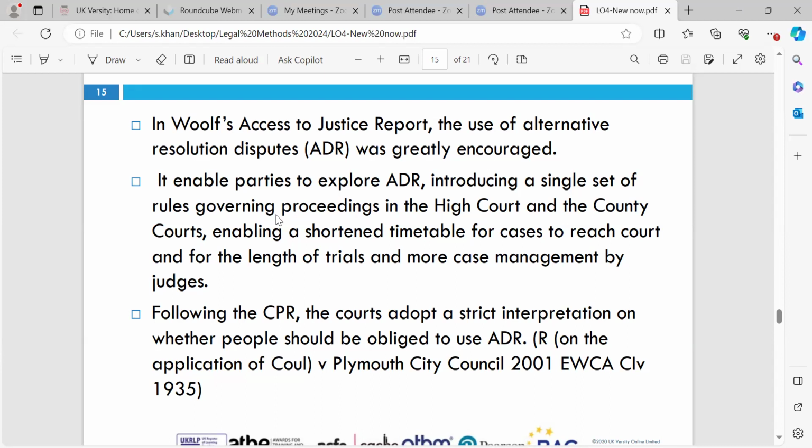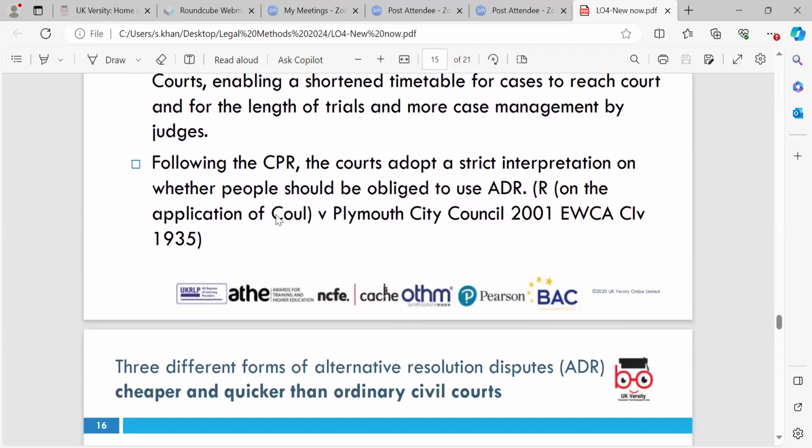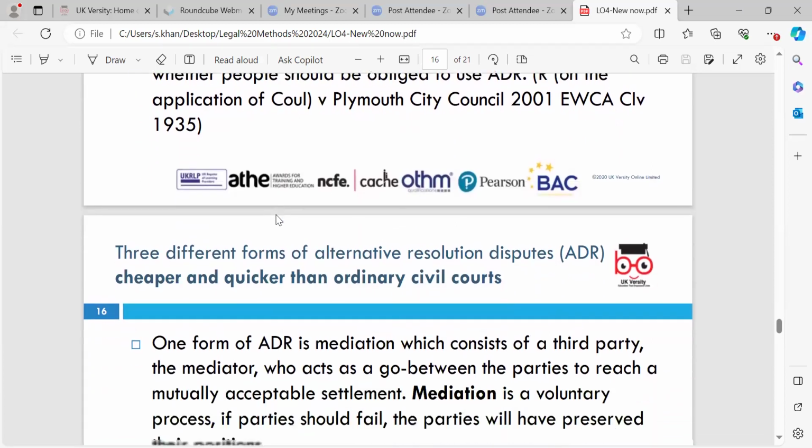Following the CPR, courts adopt a strict interpretation where people should be obliged to use ADR, and the case in regards to that is R (on the application of Cowl) v Plymouth City Council 2001, which you'll have additional resources on Moodle to have a look at.